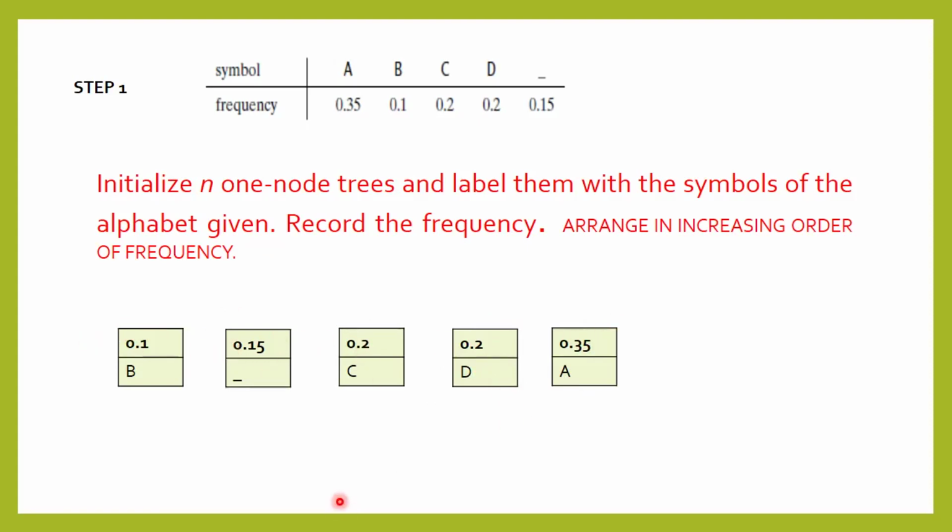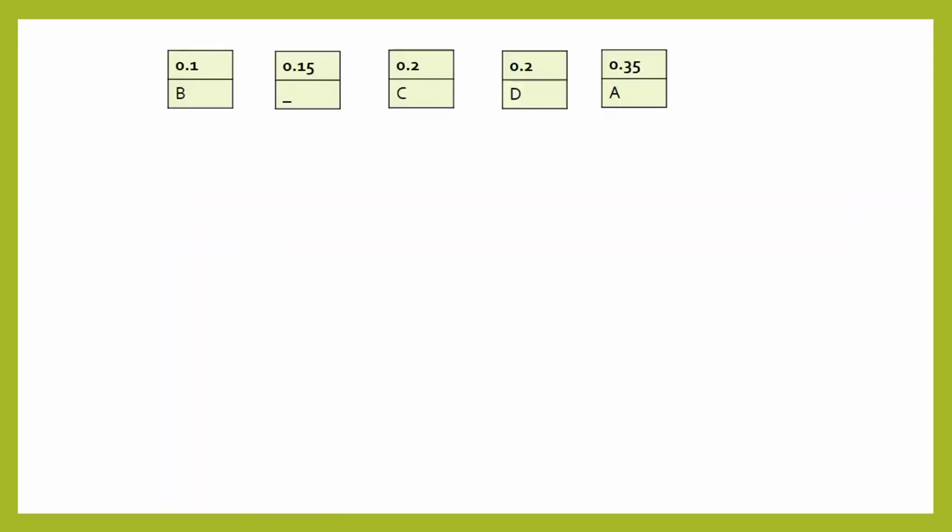What's the next step? Next step is you have to loop until you obtain a single tree. So you have to find the minimum two weights. From the previous slide we have all one-node trees in ascending order.